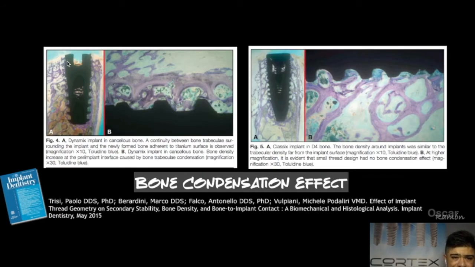Actually, these dynamics implants have a very nice bone condensation effect. For the maxilla or for some kind of soft bone, they work very good because this effect can improve the bone quality around this implant.